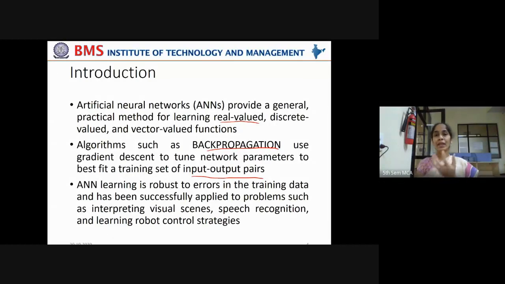Or you take an autonomous driving vehicle. Now when it is driving on the road, it comes across lots of traffic, right? And each moment it has to classify the situation it is coming across, and it has to take a very optimal decision in order to drive safely without any accidents. Correct?